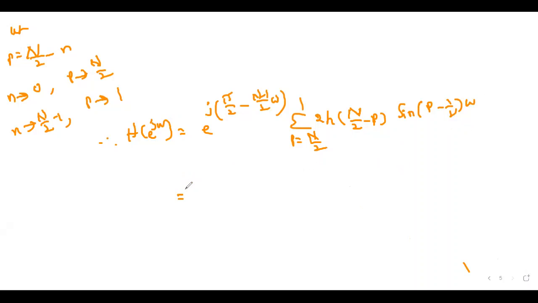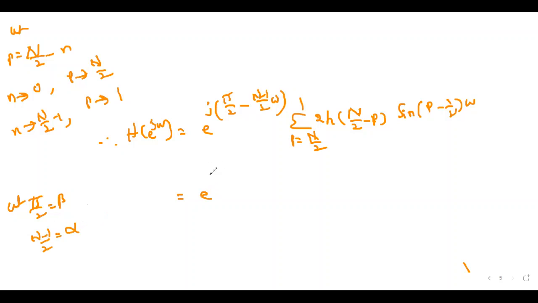So this is equal to, here I will assume pi by 2 is equal to beta, the phase shift is beta, and n minus 1 by 2 is equal to alpha.